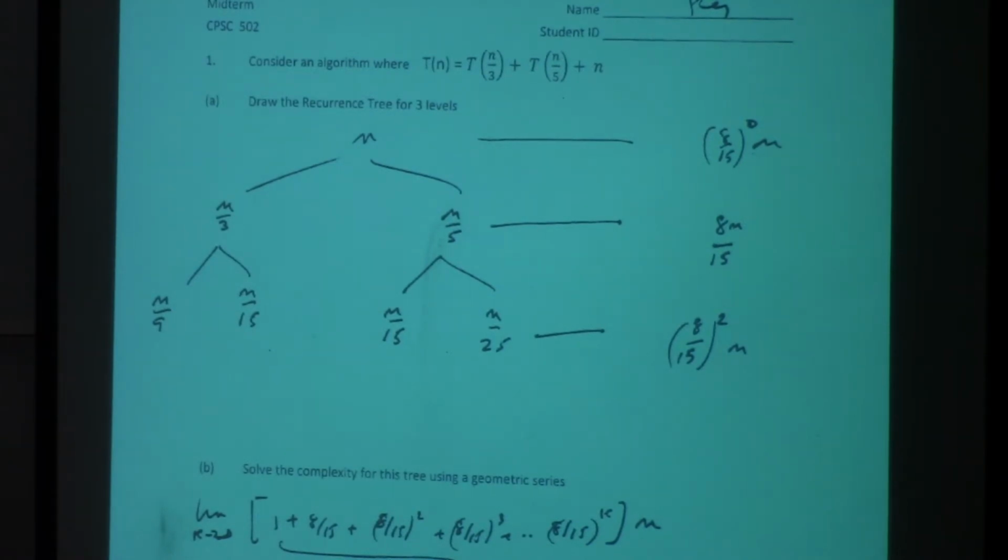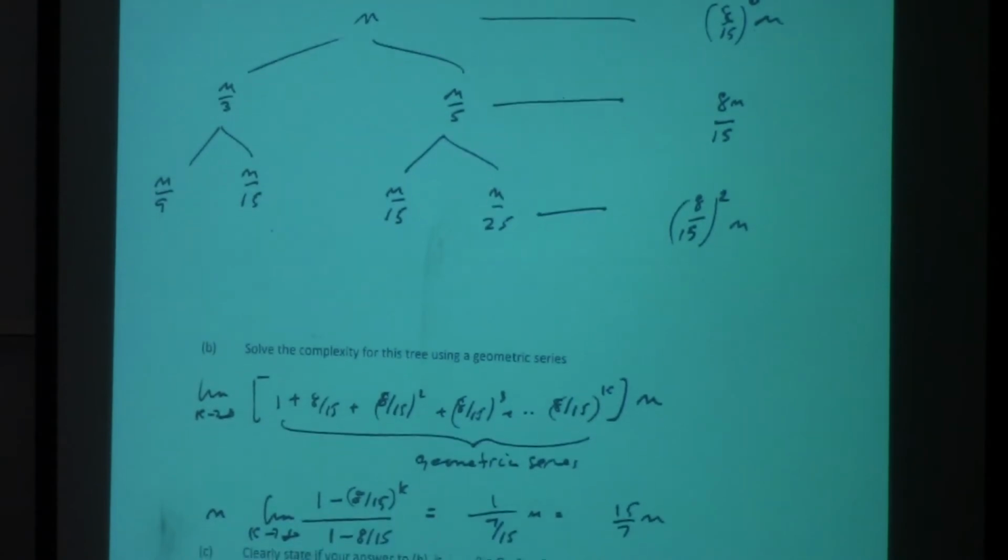So what we're going to do is add this up and assume k is a very large number. Well, how about infinity? It's not a number, but okay. As k goes to infinity, if this tree were to go on to infinity, the sum of these coefficients will add up to the geometric series.